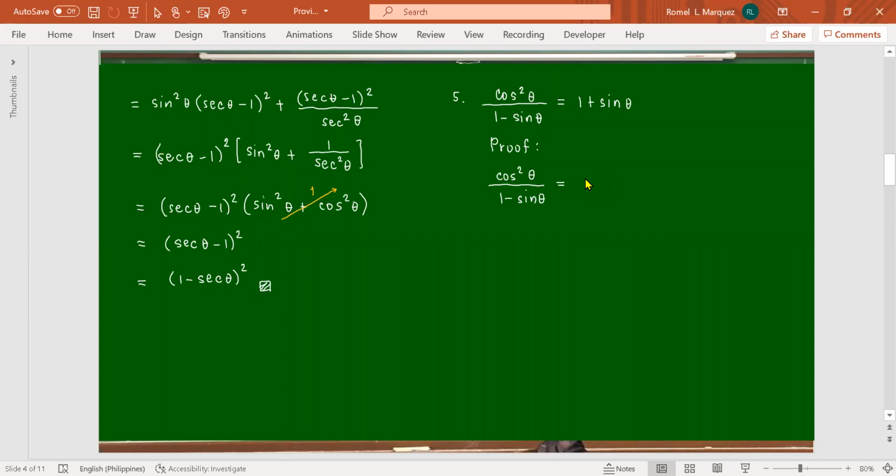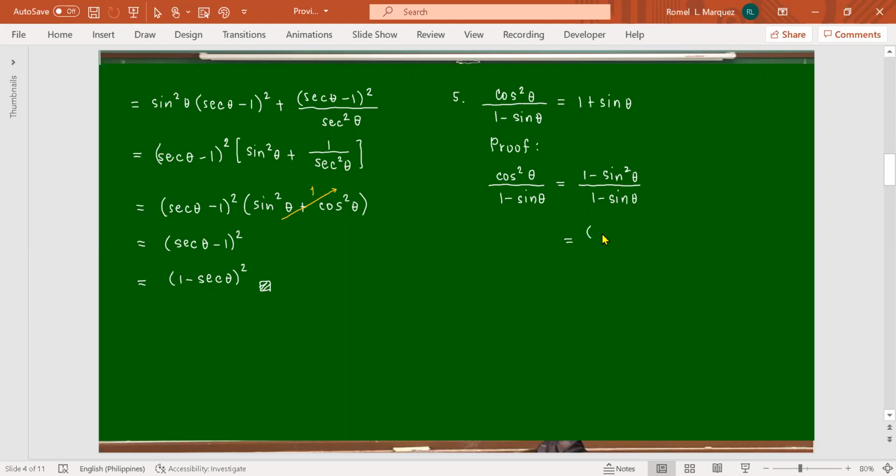Cosine squared theta, when expressed in terms of sine, because the right side is in terms of sine. So let's express cosine squared in terms of sine. That is equal to 1 minus what? 1 minus sine squared. Okay? So 1 minus sine squared theta all over 1 minus sine theta. And the numerator is of the form a squared minus b squared.